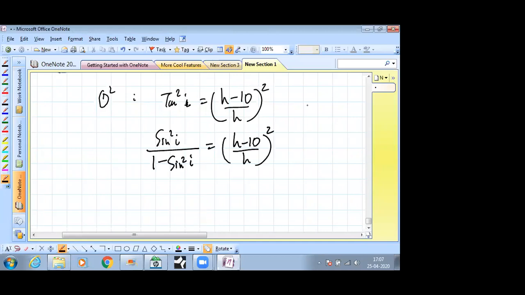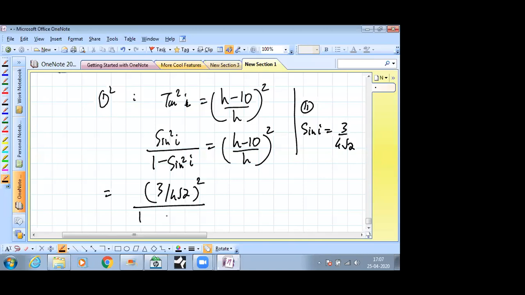And equation 2 was that sin I was 3 by 4 root 2, correct? So substitute now. So you can see 3 upon 4 root 2, the whole square, upon 1 minus 3 upon 4 root 2, the whole square, is equal to this thing.